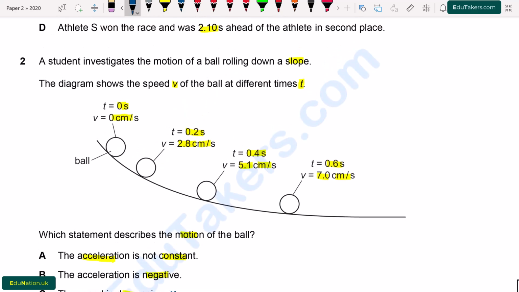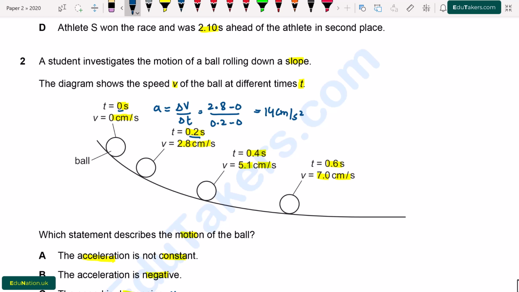First of all, I consider time t equal to 0 second and t equal to 0.2 second. So the acceleration will be equal to 2.8 minus 0 divided by 0.2 minus 0. It will be equal to 14 centimeter per second square.